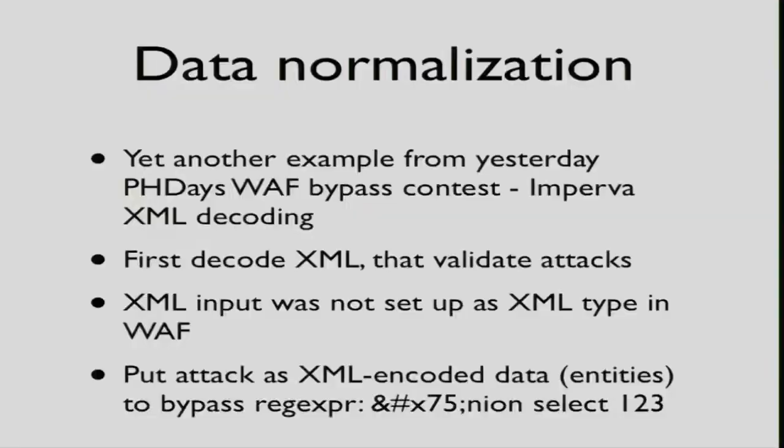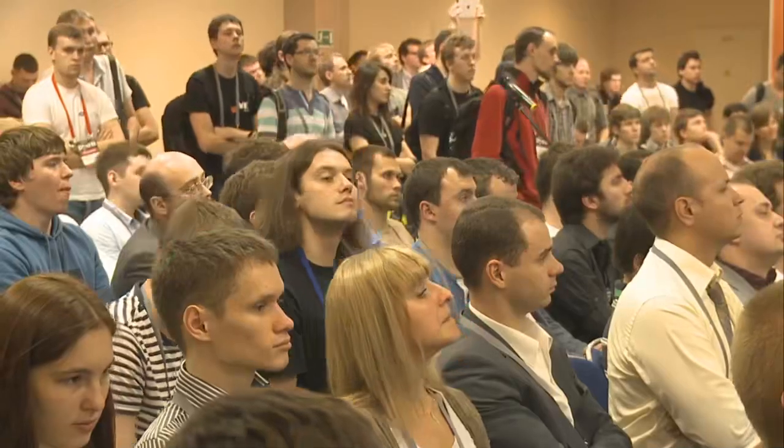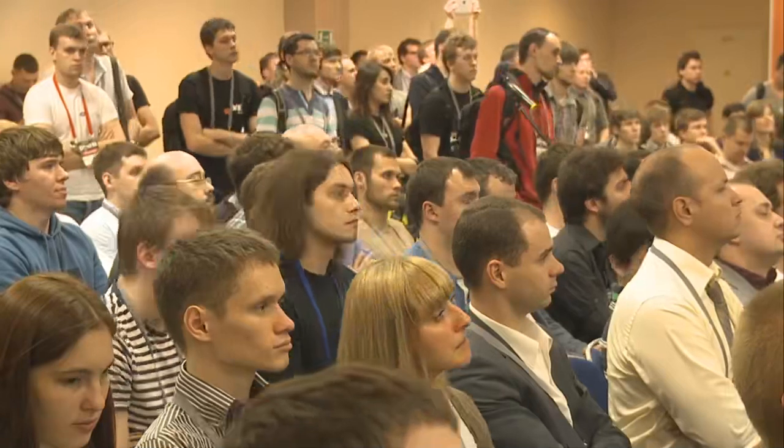In the XML format, the parser would disassemble the packet, but not as XML, so it would take it as plain text. And we were using the same entities in XML. We were replacing the U with the x75 code, which stands for the U symbol.